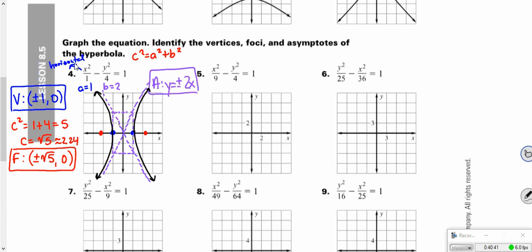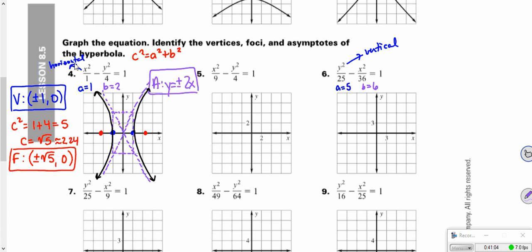Okay, let me quickly do number 6 again with you. One thing that jumps out at me is we start with y squared, so this is going to be a vertical axis. This is telling me my a is 5, and my b is going to be 6.